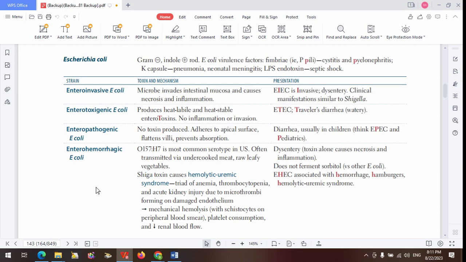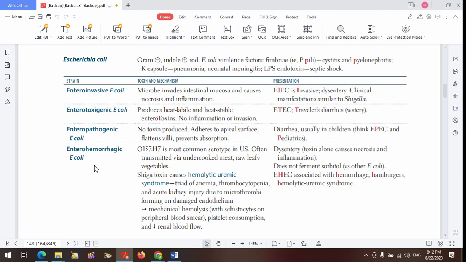Enterohemorrhagic E. coli, we said this is the one that brings about the hemolytic uremic syndrome, which is a triad of anemia, thrombocytopenia, and AKI with a background of dysentery because it releases the Shiga toxin just like Shigella. The Shiga toxin removes adenine from rRNA, which makes up part of the 60S subunit. This brings about a cessation of protein synthesis.